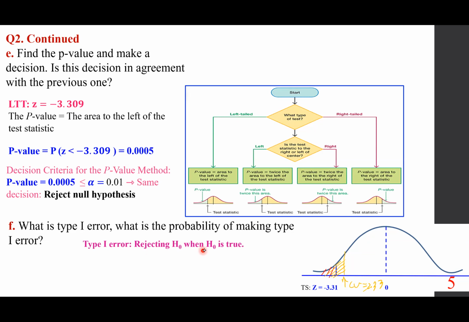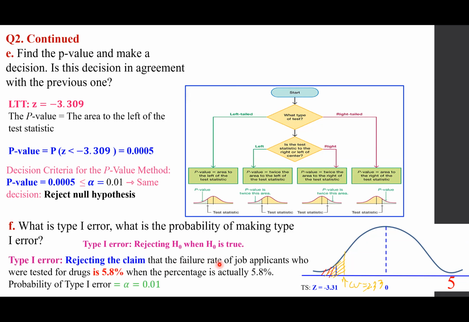So the type 1 error for this case would be rejecting the claim that the failure rate of job applicants who were tested for drugs is 5.8% when the percentage is actually 5.8%. And as I mentioned, the probability of a type 1 error is always equal to alpha, and since the choice of alpha was 0.01, the answer is 0.01.